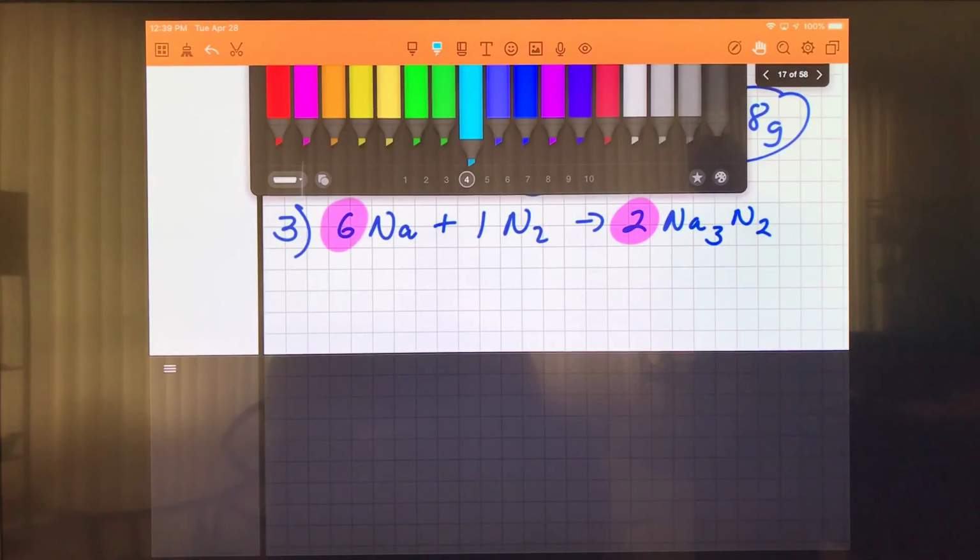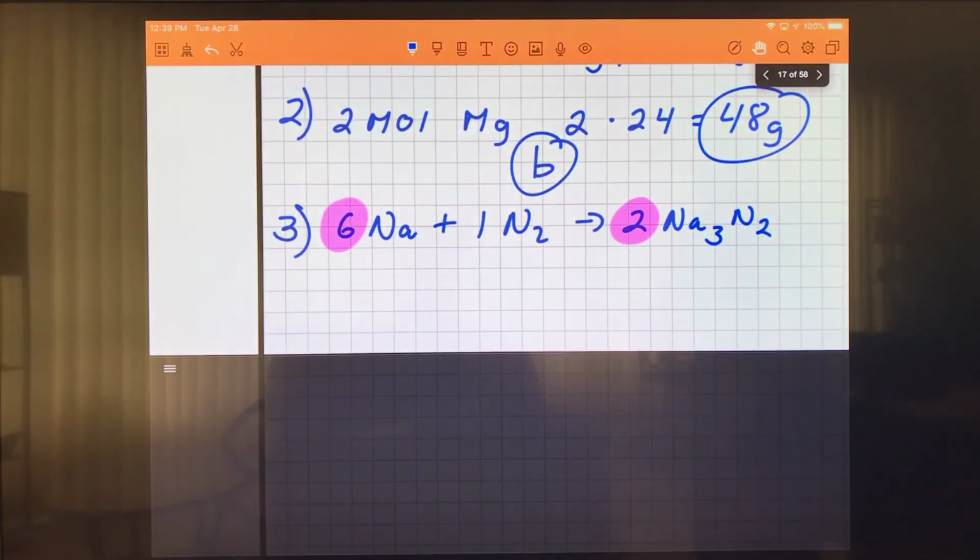And if I change that and say, well, I don't have 6 in my pantry, I only have 3, what happens then to my product? I only start with half, and so that's what I'm going to end up with. So I'm going to end up with 1 mole of sodium nitride, and that was answer B.